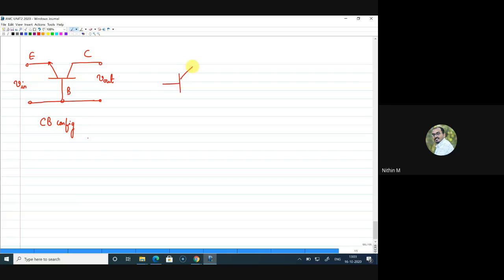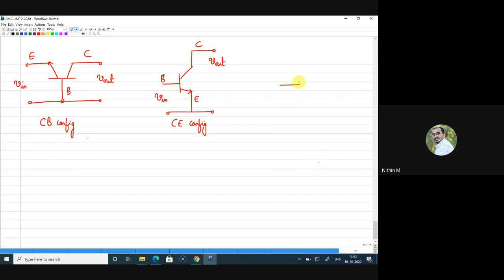Now if input is given to base and output is taken from collector, then we call this common emitter configuration, because emitter is common for both input and output. So this is CE config.